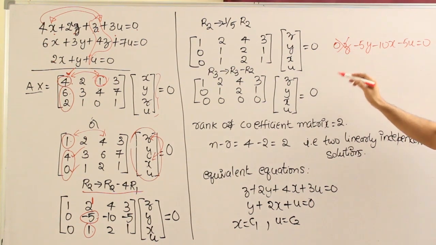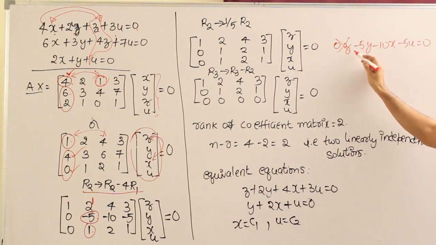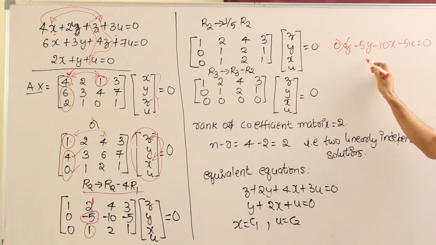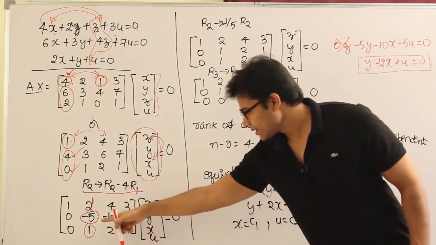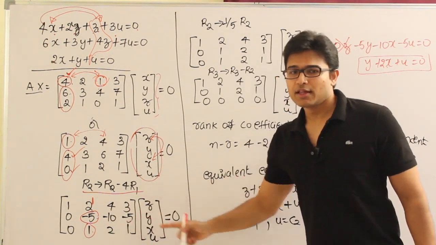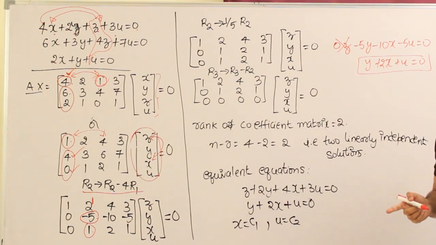Now multiplying that entire row with minus 5 is nothing but multiplying every term in here with minus 5. So it is equivalent to y plus 2x plus u equal to 0. Therefore by multiplying this entire thing with 5, we are not changing anything in the equation. The equation will still remain valid. That is why this is a valid move, right?